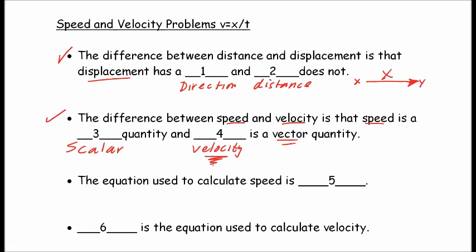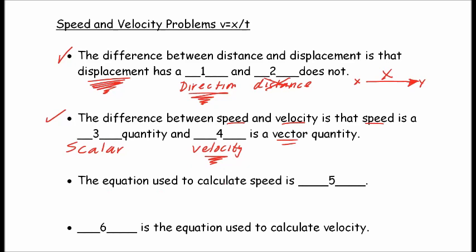Velocity is a vector quantity because it's calculated not using distance, but it's calculated using displacement, and displacement has a direction. That's important. Velocity is a vector quantity because it's calculated using displacement, and displacement has a direction. Even if the direction isn't stated, it's understood. And when you talk about velocity, it's simply understood that it has a direction.